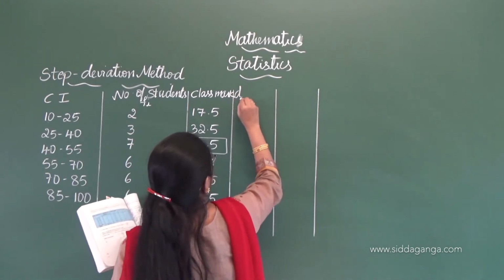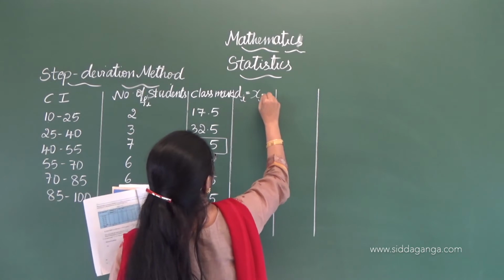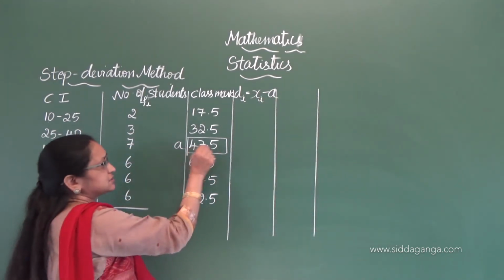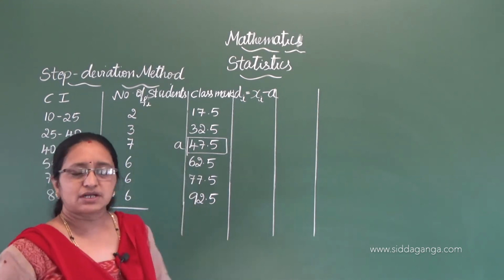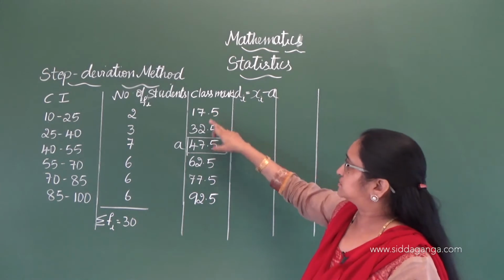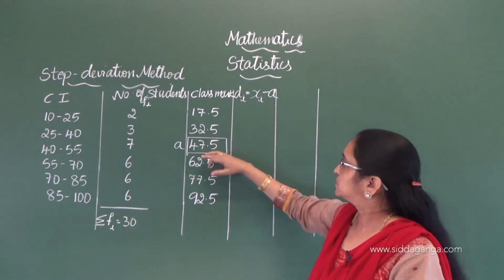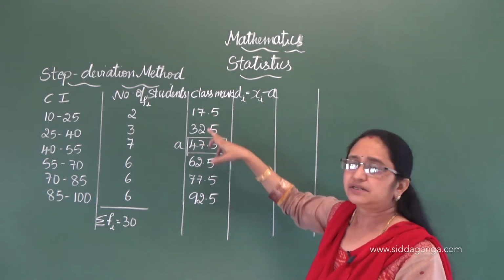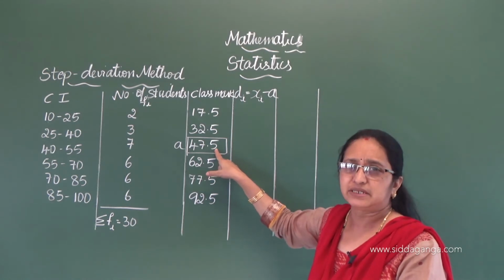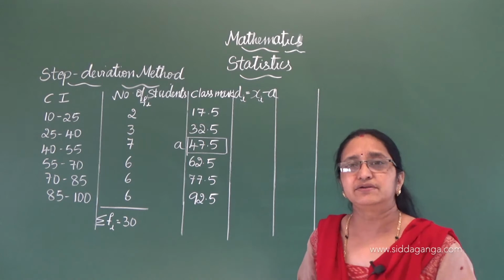You all know Di is xi minus A, where A is 47.5. This is to check the deviation. Di means deviation from the middle term. This is the assumed mean, and from this we check the deviation.